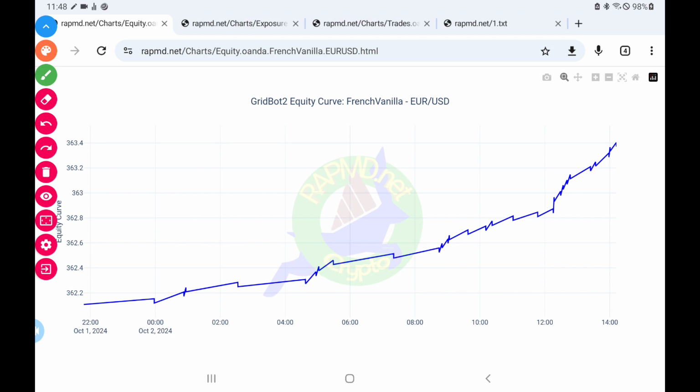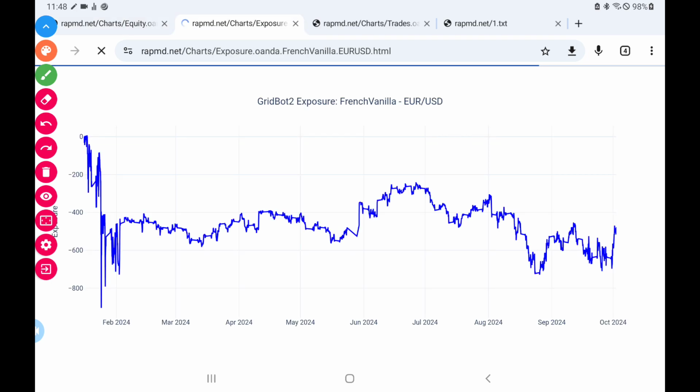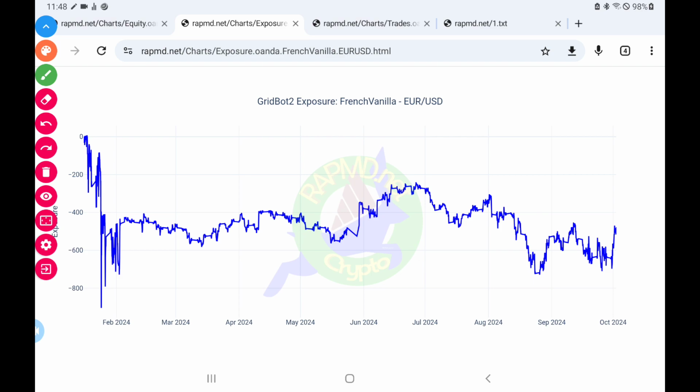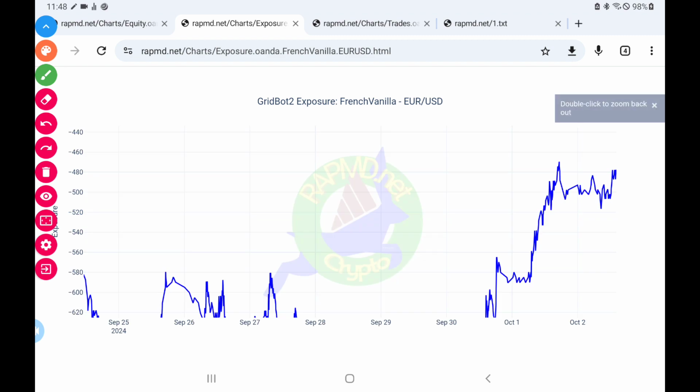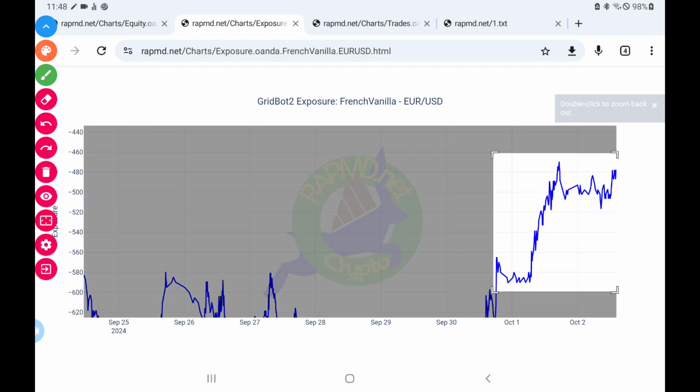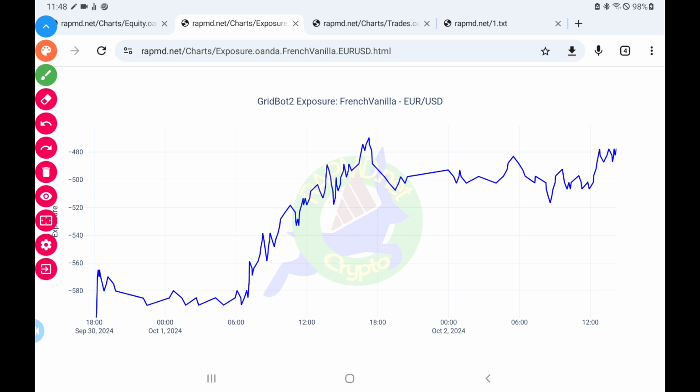in practicality. So we can see with the exposure chart, it shows how things look with my exposure. If I walk away right now, and I have quite a bit held, so let's zoom in and see if we can see reductions on the exposure.